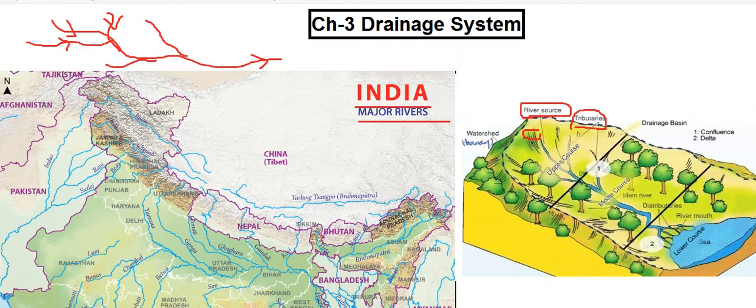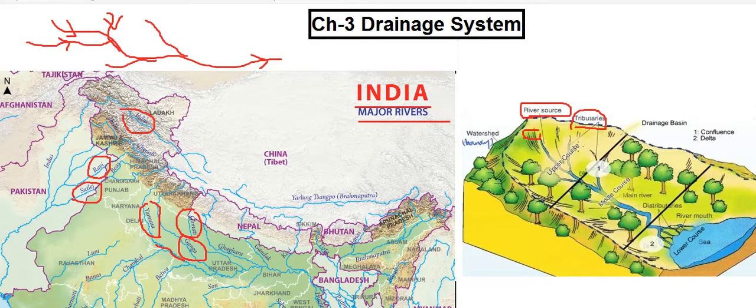For example, here you can see that the main river is Ganga and Yamuna is the tributary of Ganga. Gomati is the tributary of Ganga. Big river is Indus. Its tributaries are Satluj, Ravi. So the river flowing into the larger river is called the tributary.